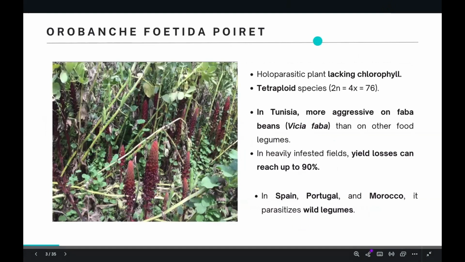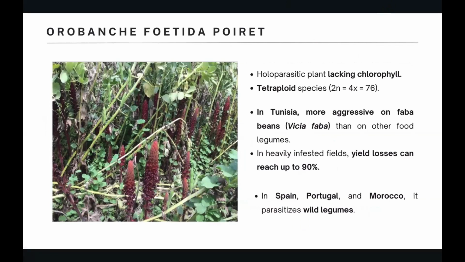So today I will talk about one of them, Orobanche foetida, this red one. It's a holoparasitic plant that completely lacks chlorophyll. This means it relies entirely on its host for all nutrients and it cannot perform photosynthesis. Orobanche foetida is a tetraploid species, which may complicate the genomic analysis.